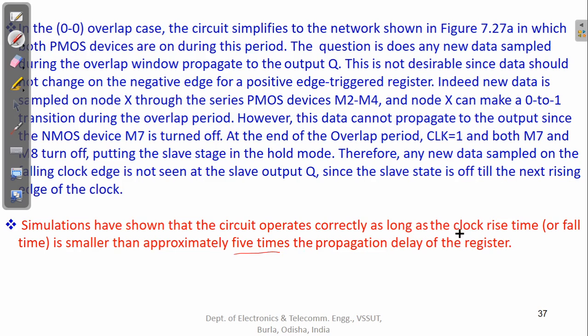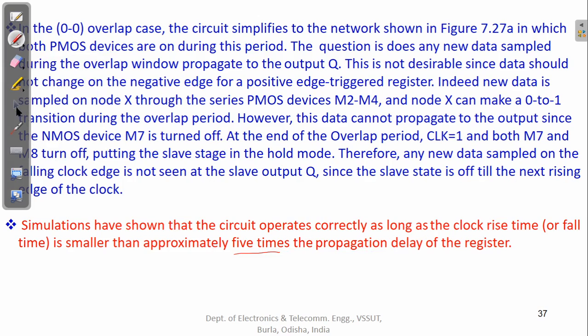So try to satisfy this condition, that clock rise time or fall time is to be kept smaller than 5 times the propagation delay of the register. If this condition is satisfied, then simulation results have shown that the circuit will operate correctly. So when you design this register, try to satisfy this condition. Then you can be confident enough that the circuit would function properly.